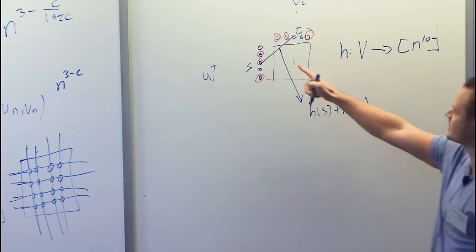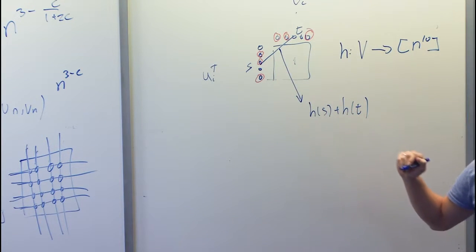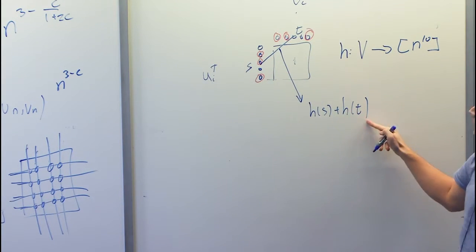So basically all the edges here would be the sum set, and there will be one number per edge and it will have this form.